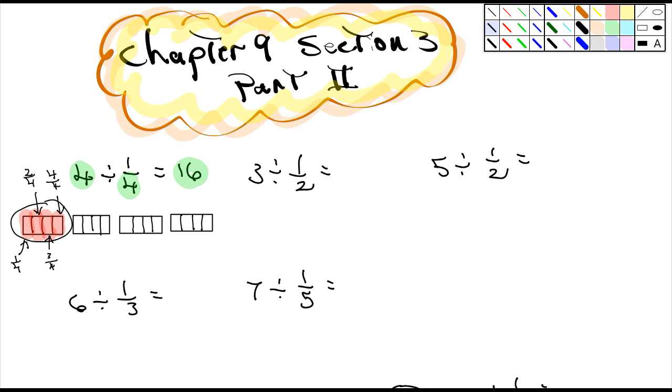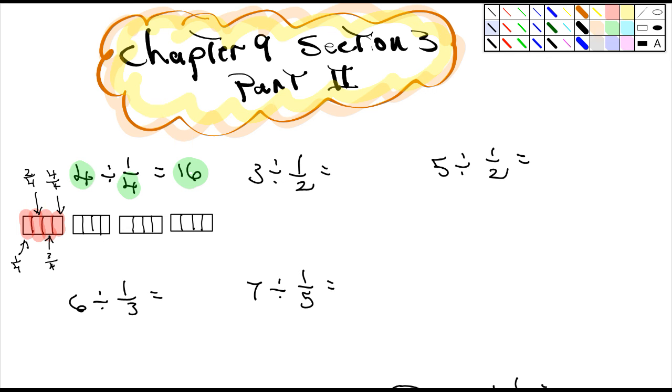How many 1/4 parts fit in that? Well, 4. So if 4 quarters fit into 1, then if there was 4 altogether, it would be 16.